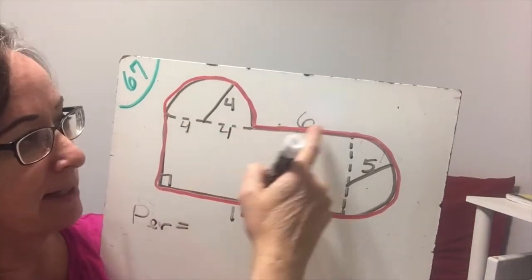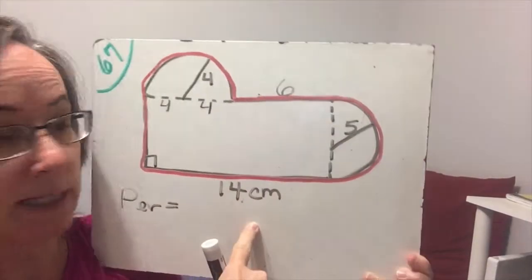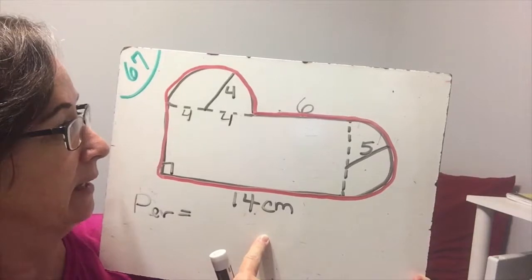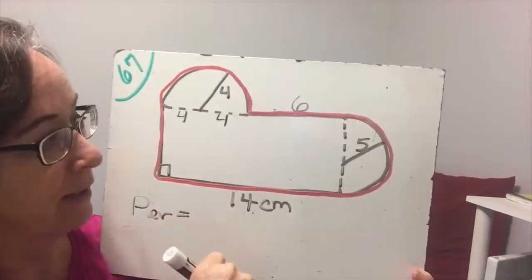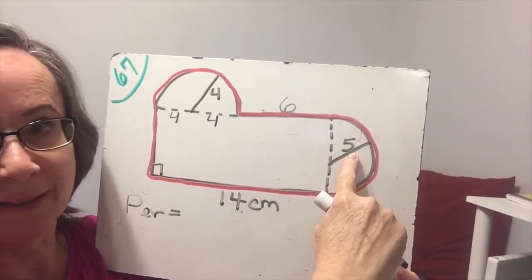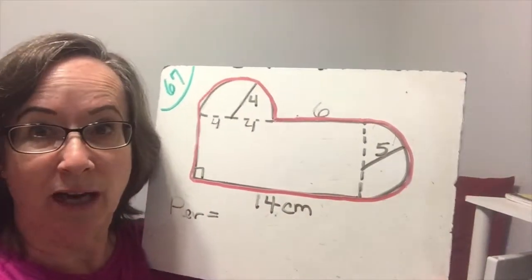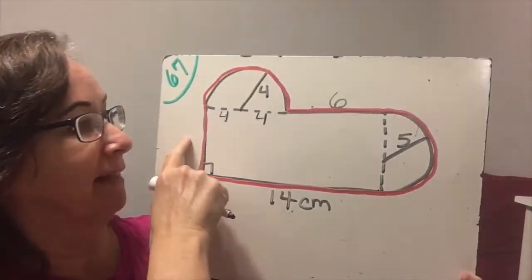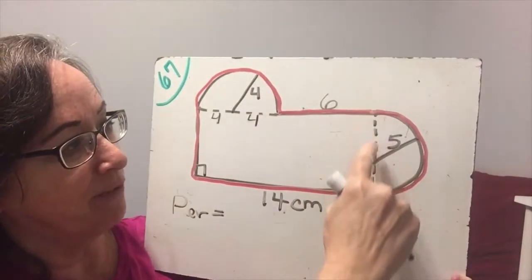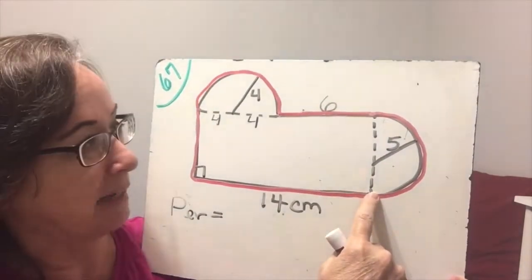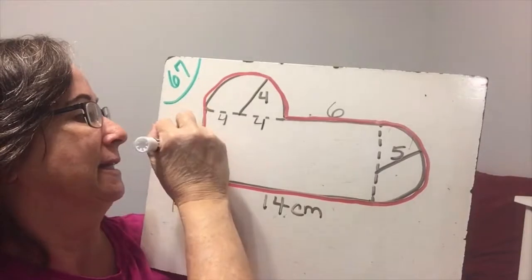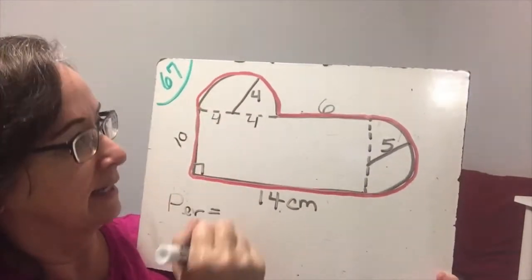And the 8 and the 6 would match with the 14 down here. So all of that is good. Do we know this length over here? Since we know our circle has a radius of 5, then we do know that length here, don't we? Because if 5 plus 5 is the diameter of 10, then isn't this one over here a 10?